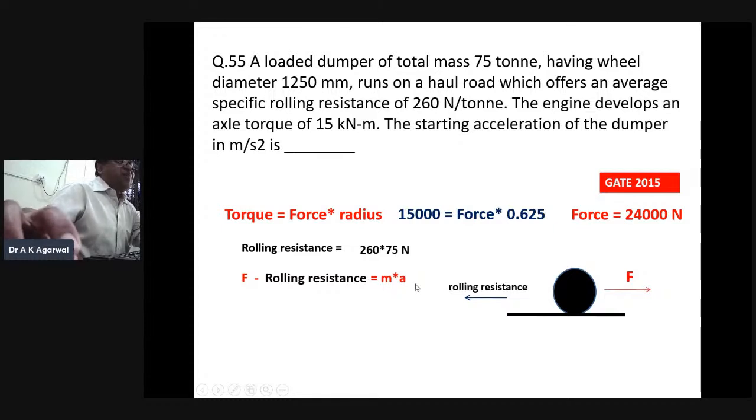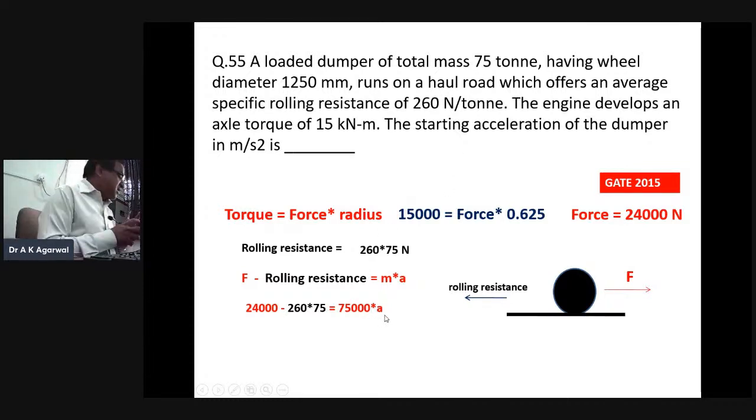Now here F is known to you, rolling resistance is known to you, mass of the dumper is known to you, 75 ton. Only acceleration is unknown. So let us put all these values. F is 24,000, minus rolling resistance 260 into 75, is equal to M, 75 ton means 75,000 kg, into acceleration in meter per second square.